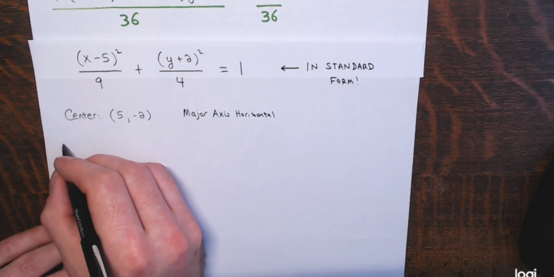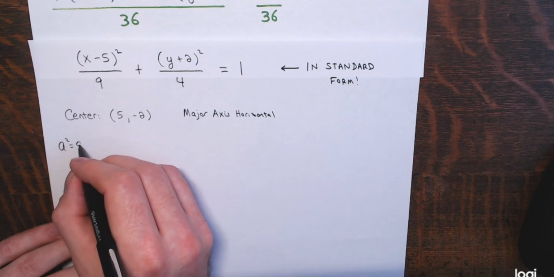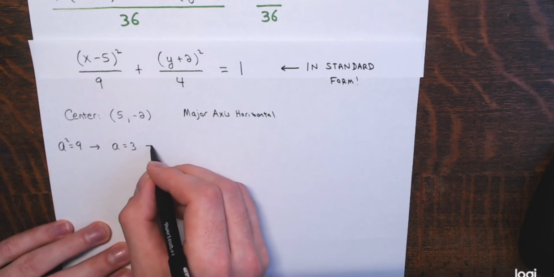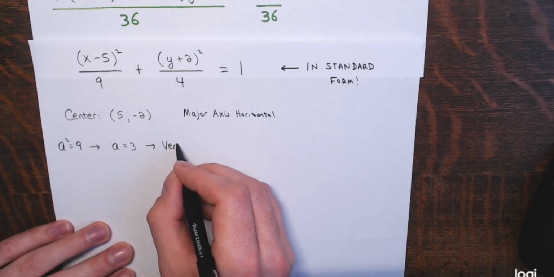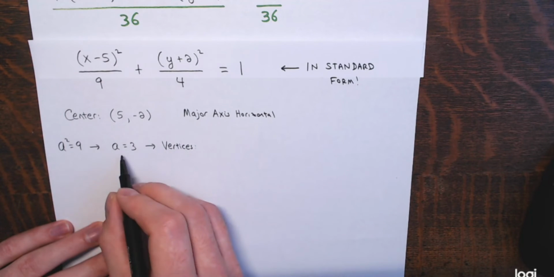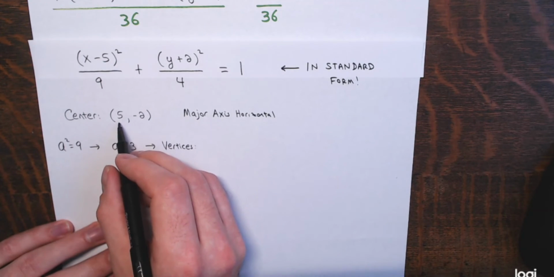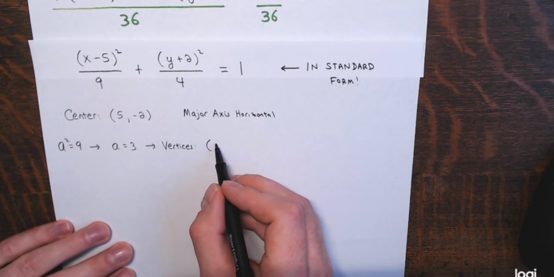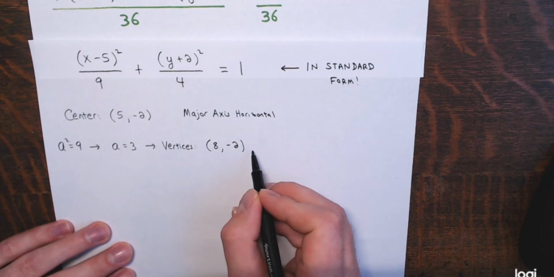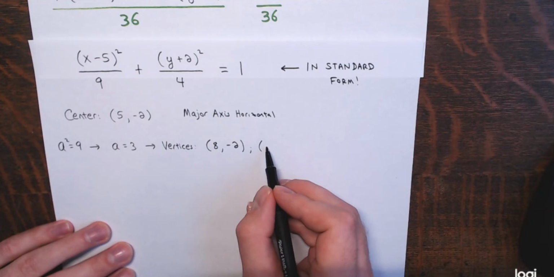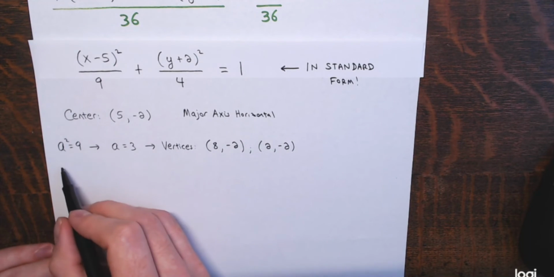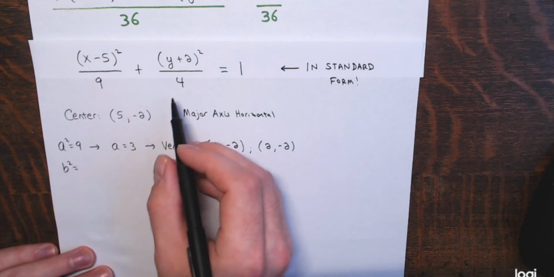The value of a squared would be, again, the larger denominator, 9, meaning that a is 3. And so for the vertices, I would add 3 and subtract 3 from the x-coordinate of the center. Go 3 to the right, 3 to the left. So 5 plus 3 is 8, negative 2 is one vertex. 5 minus 3 is 2, negative 2 for the other vertex. b squared is the smaller denominator, 4.